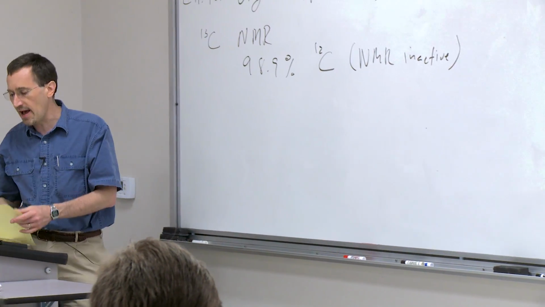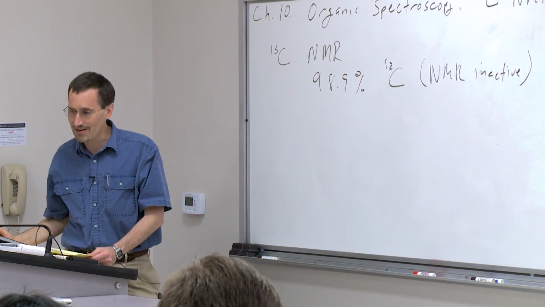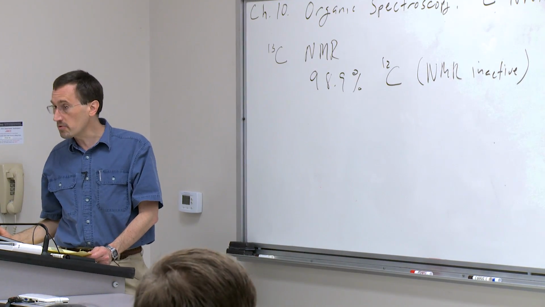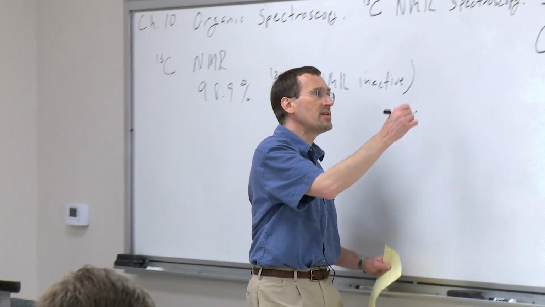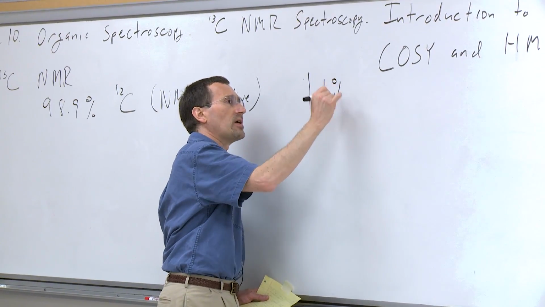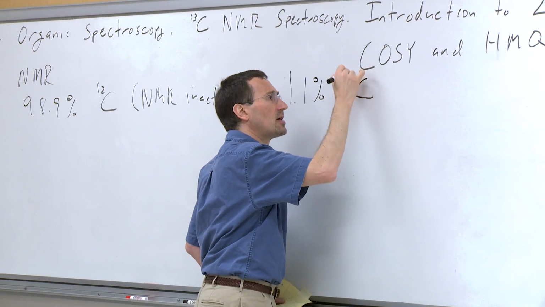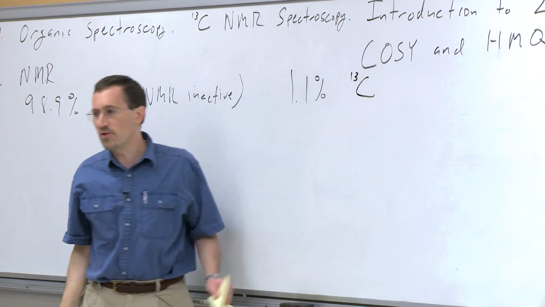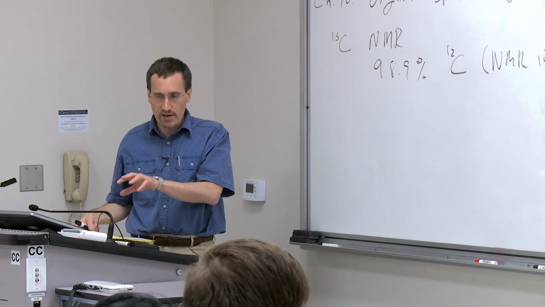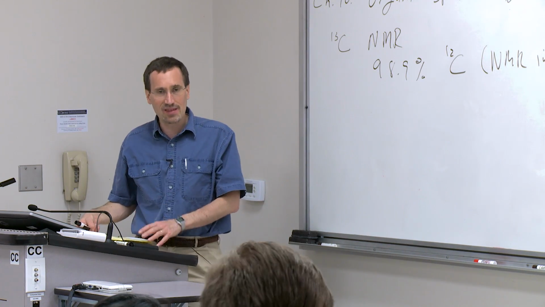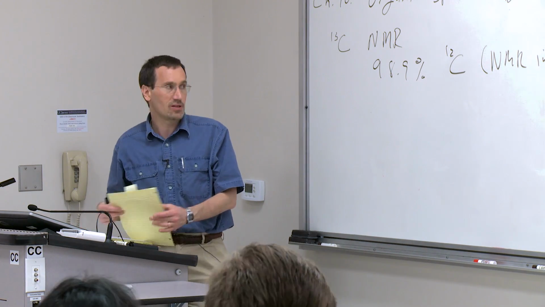It doesn't have a nuclear spin. Carbon-13 has a nuclear spin, and its natural abundance is only 1.1%, which means if you've got a mole of methanol, only 0.011 moles of that methanol contain C13.